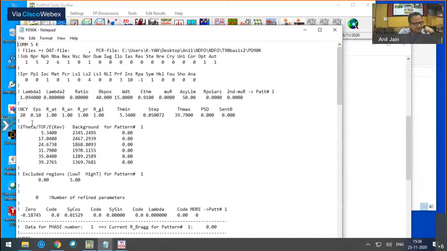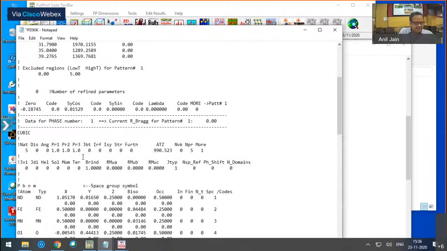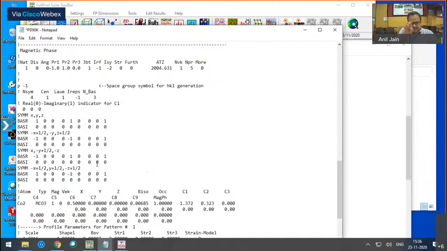So here again, I would like to make the number of cycles, let's say only one, and I would make the number of refined parameters 0, and then try to see whether I can get this magnetic intensity at the location where I need the magnetic intensity.